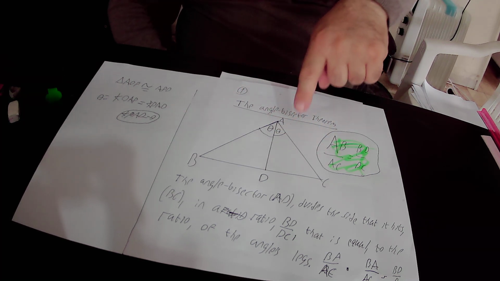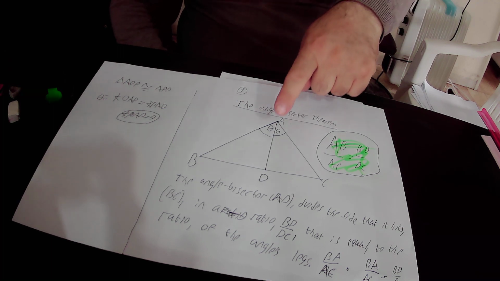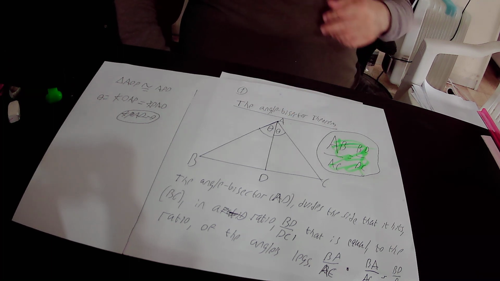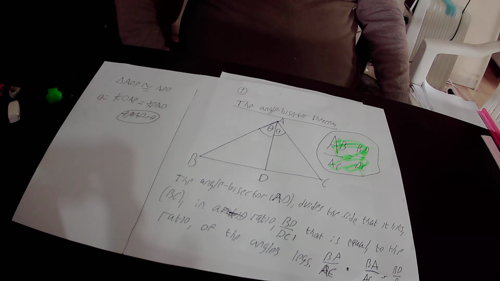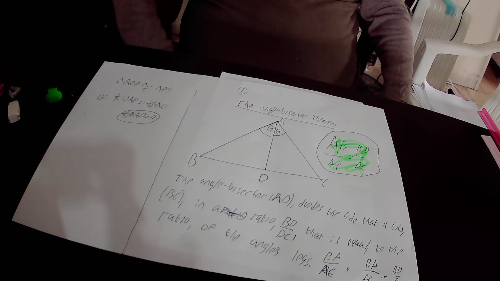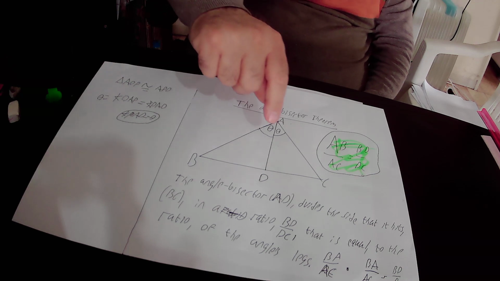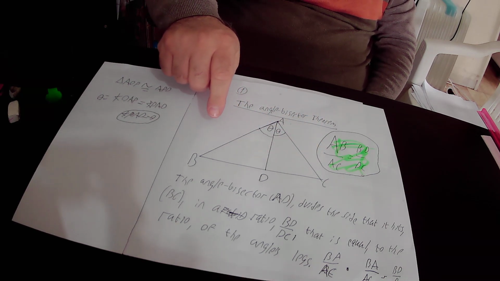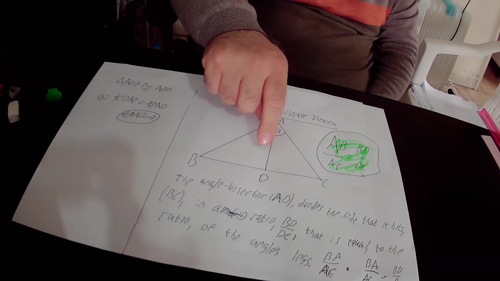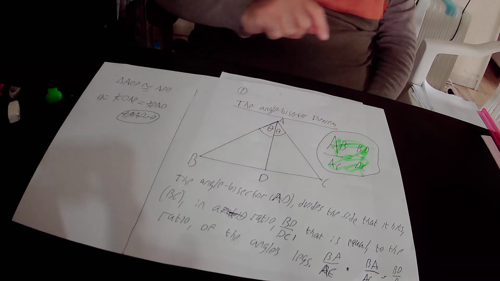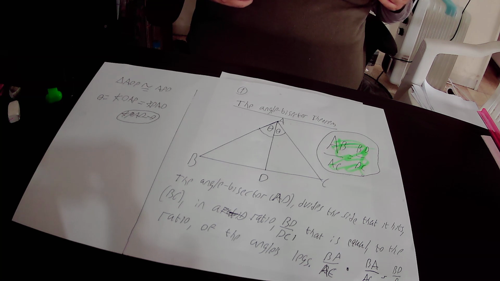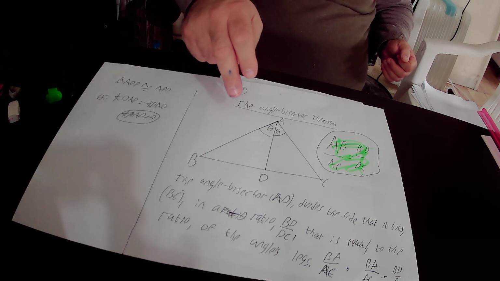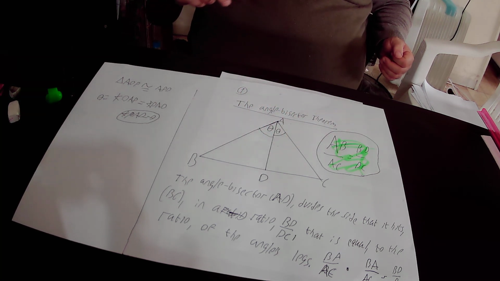Each half equals theta. So the angle bisector AD, according to the angle bisector theorem, divides the side that it eats. Angle bisector AD eats side BC, and it divides it into two parts. The first part is BD and the second part is DC. And the ratio between those two parts is BD over DC.